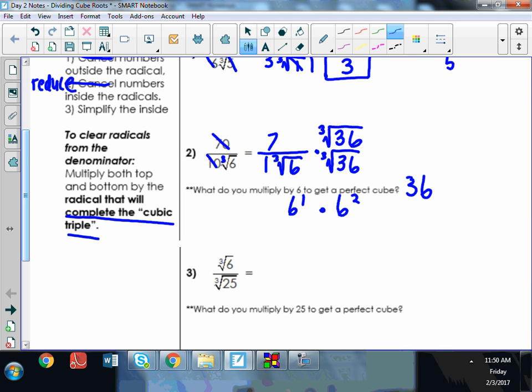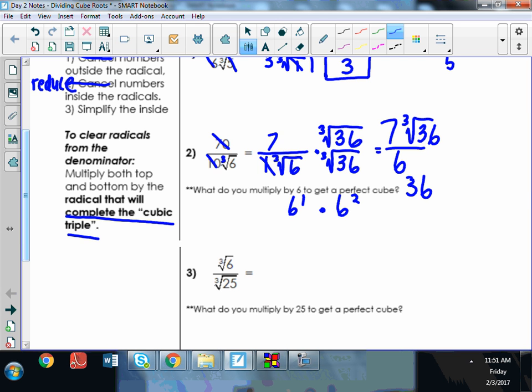I have to multiply the top by the cubed root of 36 also. So on the bottom, I get just 6. It simplifies to 6 because I have those 3 6's. The 1 I don't need, it cancels. At the top, I have 7 cubed roots of 36.